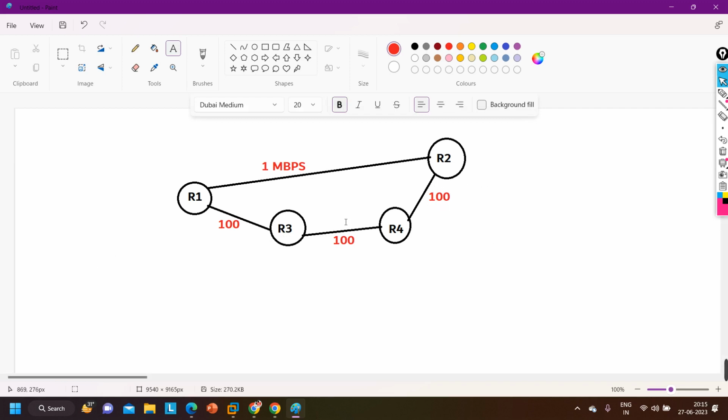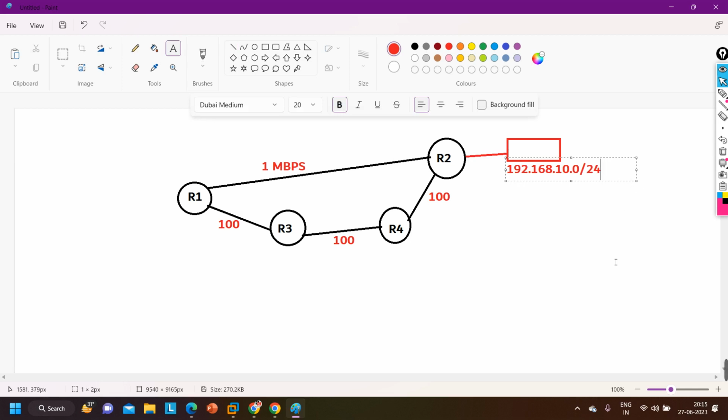Guys, between router 1 and router 2, how many paths are there? 2 paths. Which path is best according to you? Let's say router 2 is connected with one network whose network ID is 192.168.10.0/24.